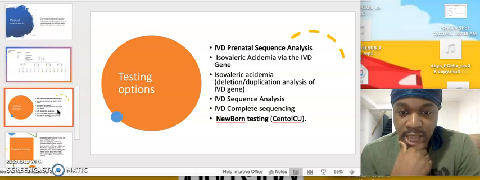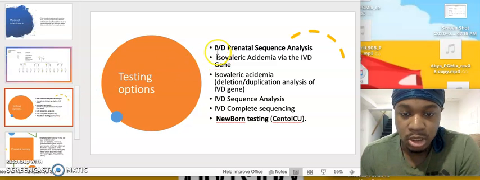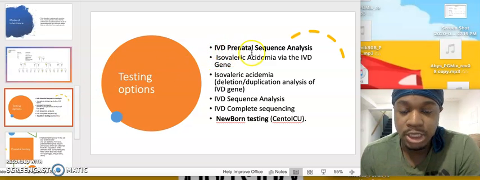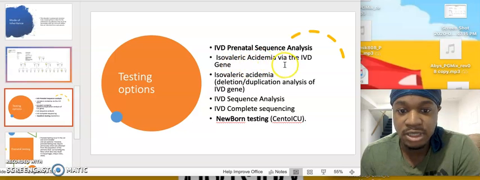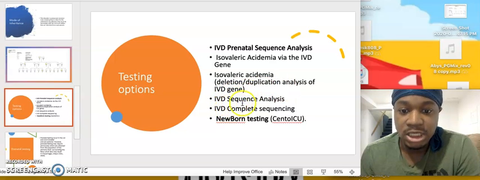And as for testing options, there are a few that I listed here: the IVD prenatal sequence analysis, the isovaleric acidemia testing via the IVD gene, the deletion duplication analysis of the IVD gene, the IVD sequence analysis, the IVD complete sequencing, and the newborn testing.